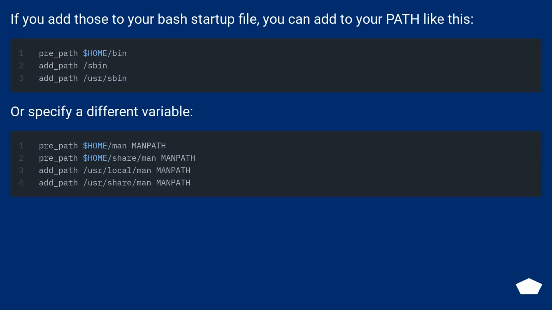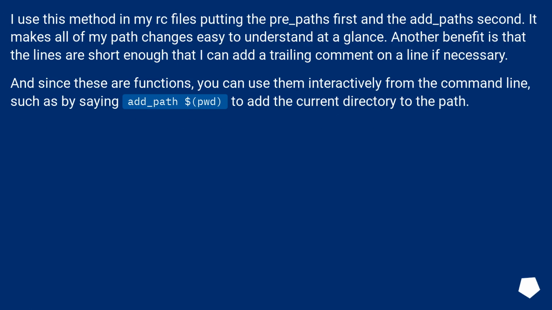If you add those to your bash startup file, you can add to your path like this. Or specify a different variable. I use this method in my RC files, putting the pre_paths first and the add_paths second.